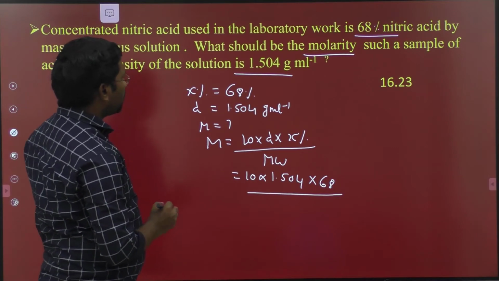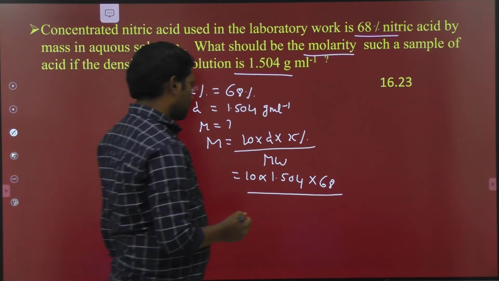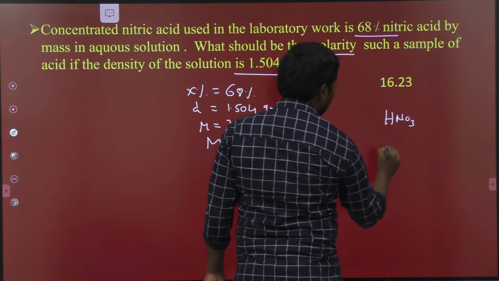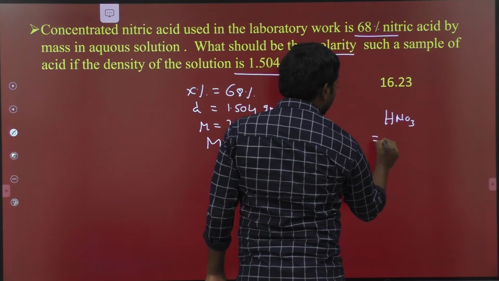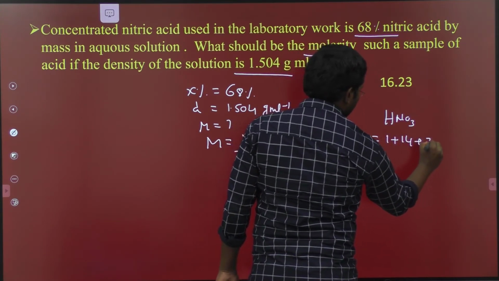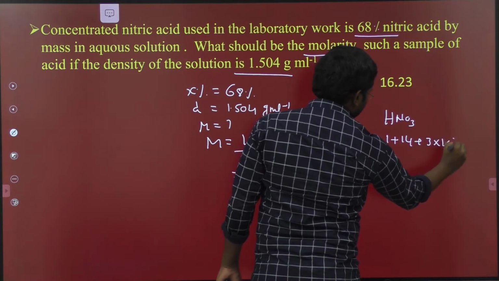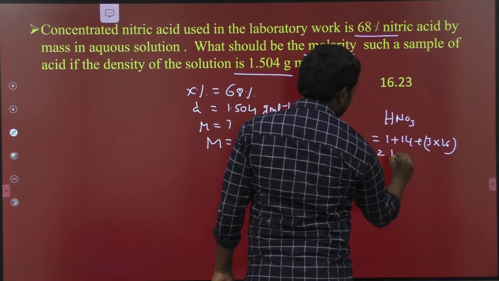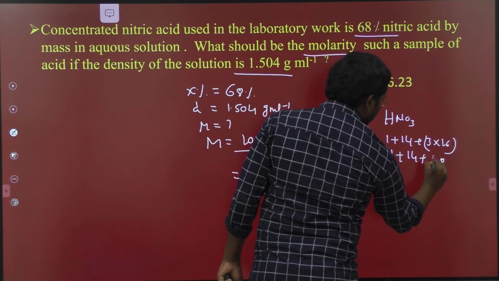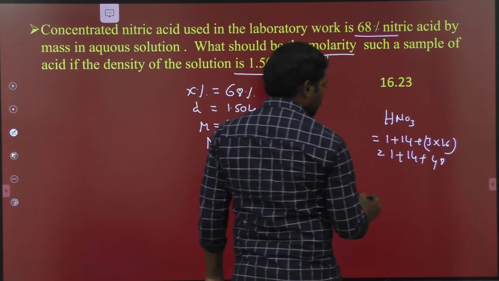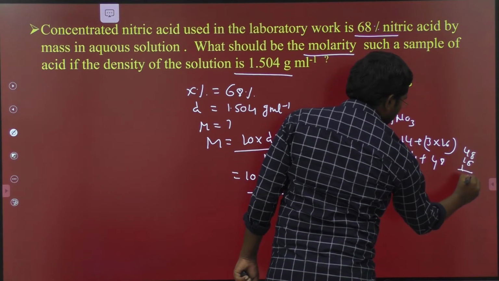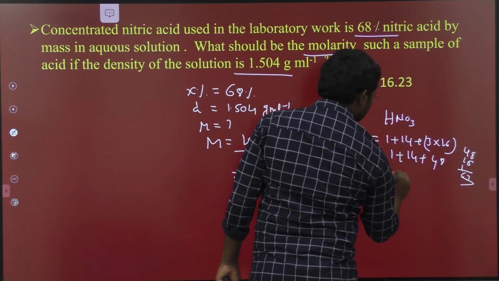So what is the molecular weight of nitric acid? Nitric acid formula HNO3. This molecular weight is equal to, for hydrogen mass 1, nitrogen 14 plus for oxygen 3 into 16. 3 into 16, this is equal to 1 plus 14 plus 48. 48 plus 15, 63.